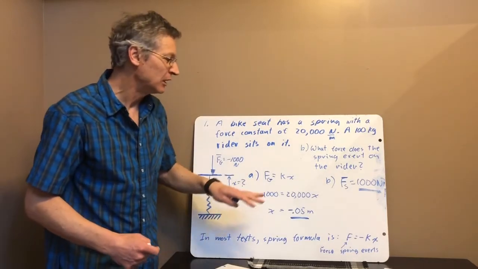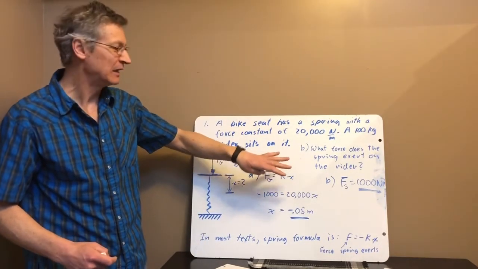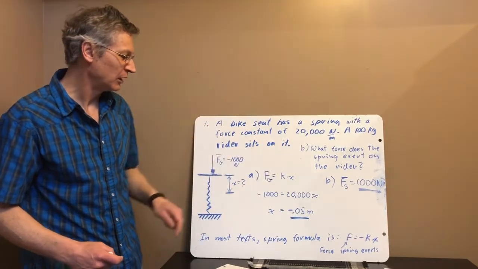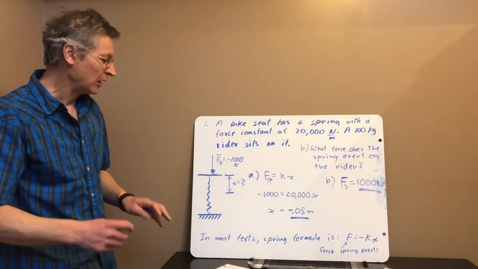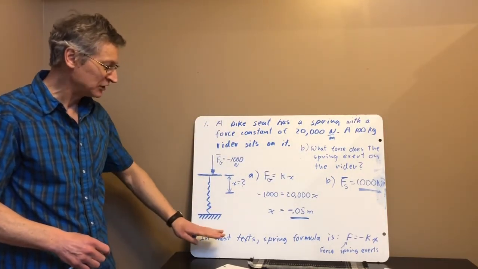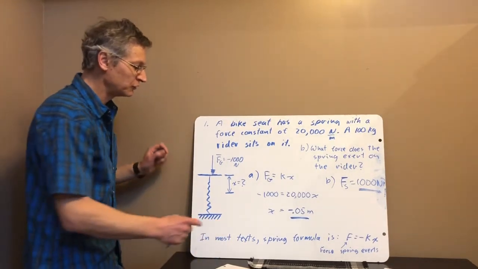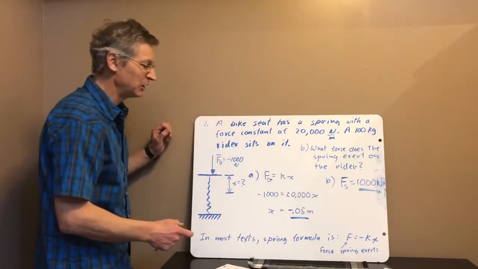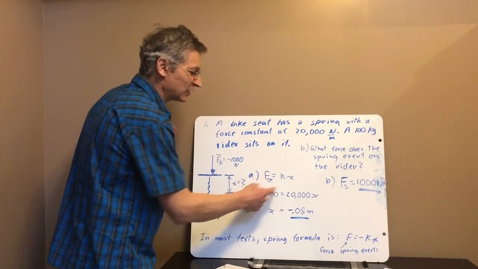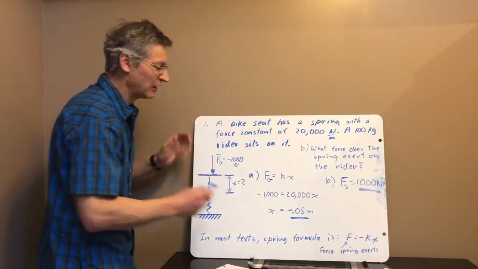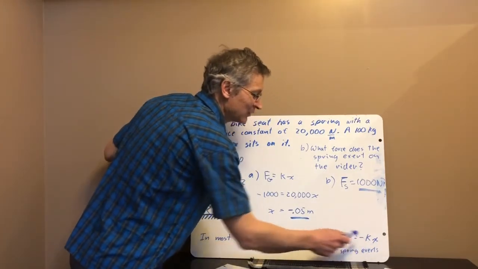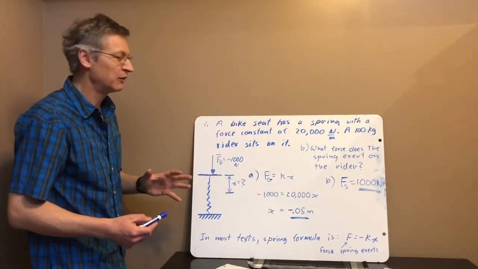Okay, now here is why we did this really simple little example. Because in lots of textbooks, and I'm talking really hardcore physics textbooks, you're going to see the spring formula, instead of it being written as F equals kx, written as F equals negative kx. What's the difference?